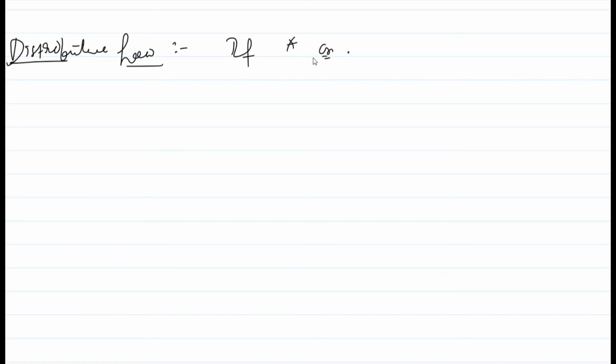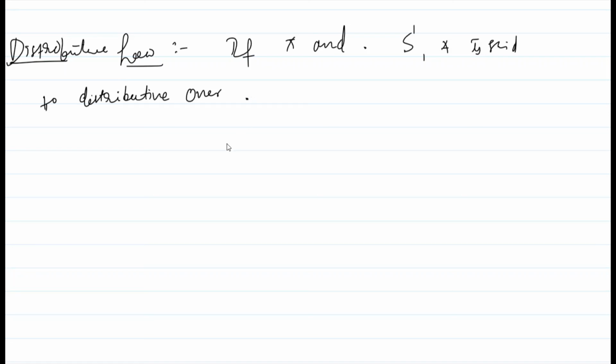If star and dot are two binary operators on set S, then star is said to be distributive over dot whenever x star (y dot z) equals (x star y) dot (x star z).